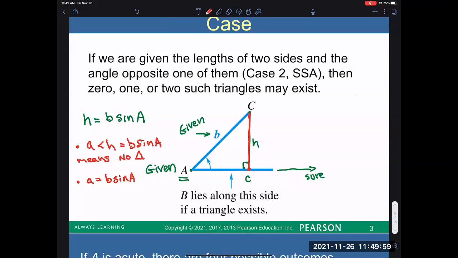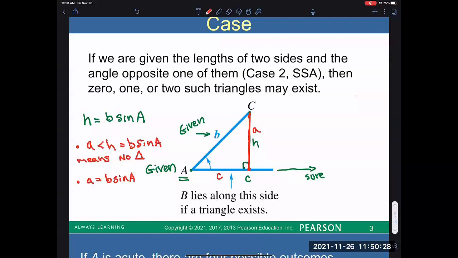And if that's the case, then this could be side length C, which is unknown, but you could form a triangle with that B, with that A length, and with angle A. You can make a triangle, but only the one where you have a right triangle. Because if you didn't have a 90-degree angle where A meets C, then you wouldn't reach down to the base and you wouldn't be able to make a triangle.